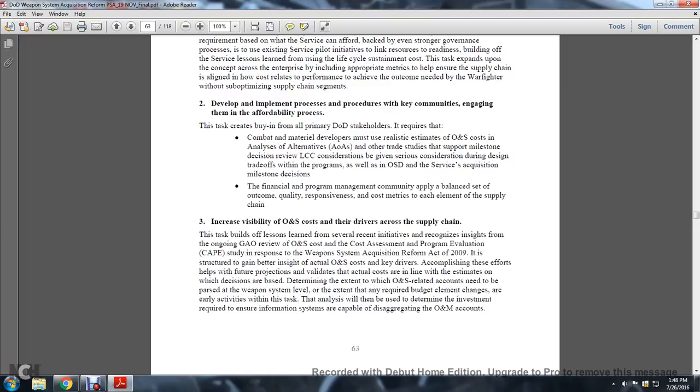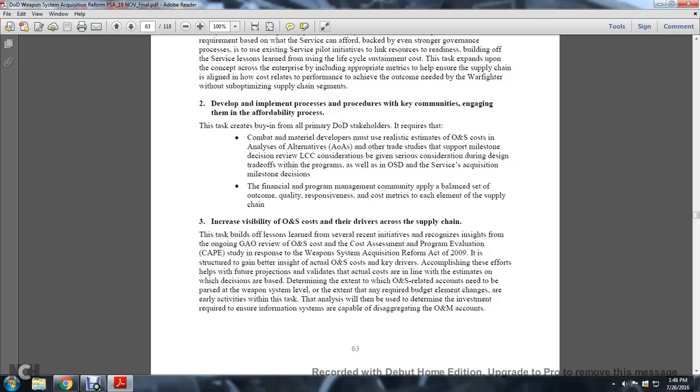Studying the Weapon Systems Acquisition Reform Act of 2009, it was structured to gain better insight into actual O&S costs and key drivers. Accomplishing these efforts helps put future projections validated with the actual costs, aligned with the estimate. Where the decisions are based, determining the extent to which O&S-related accounts need to be pursued at the weapon system level, as well as the extent of the required element changes, are early activities within the task.